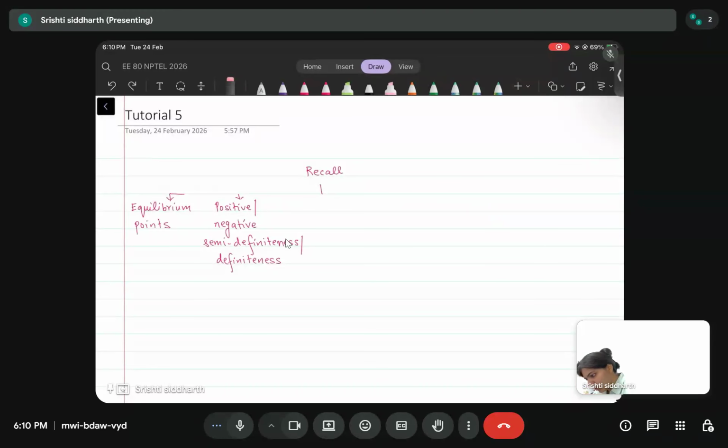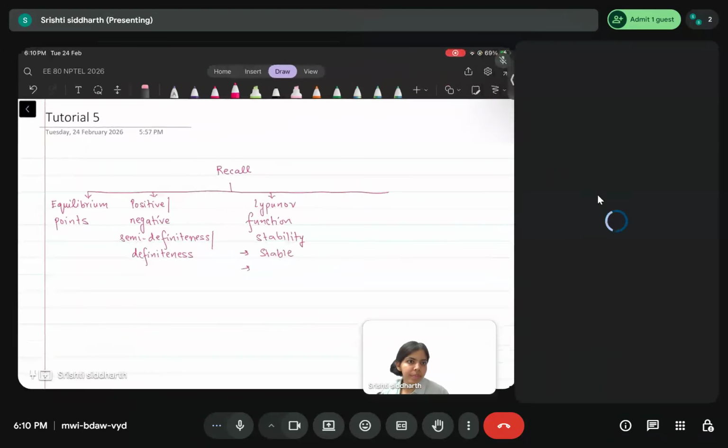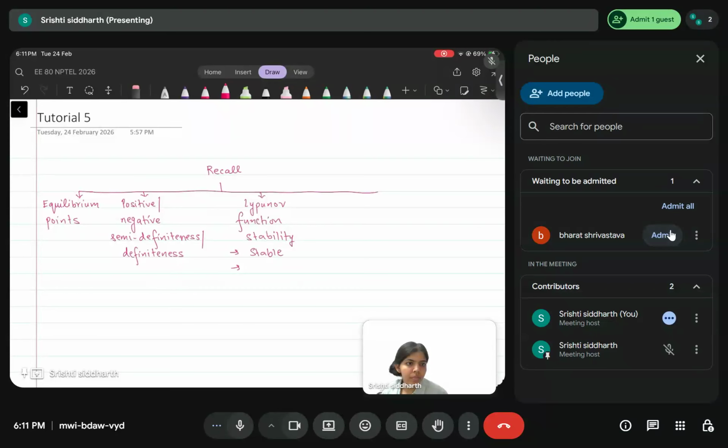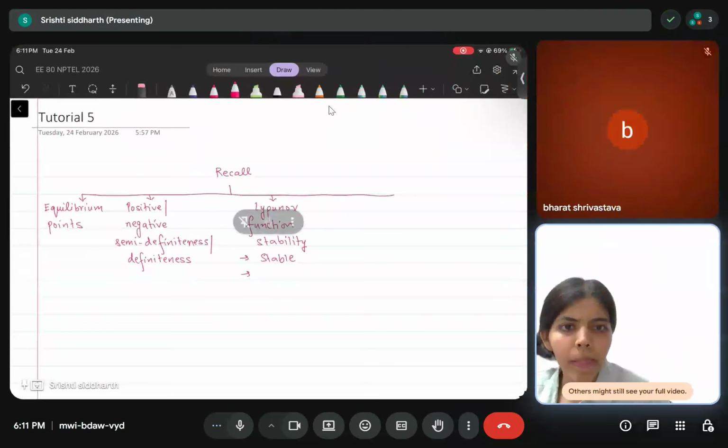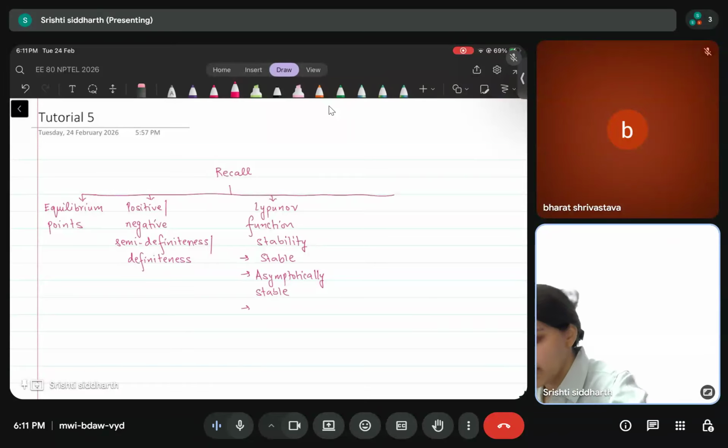So, Lyapunov function-based stability, which will talk about this nonlinear system being stable, the nonlinear system being asymptotically stable, and globally asymptotically stable.